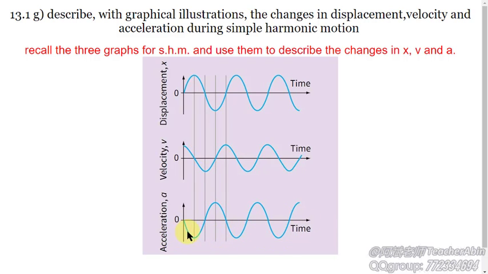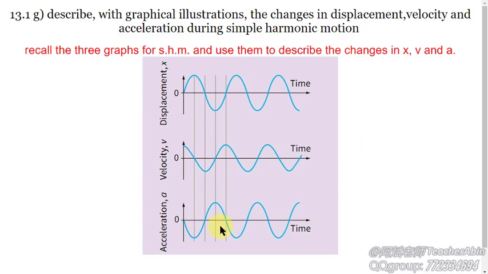Now let's look at the graph on the bottom. It's an a-t graph with acceleration a on the y-axis. As we can see, it's a negative sine function. It looks like just the line on the x-t graph upside down. That's because, if you remember, a is equal to negative kx in simple harmonic motion.